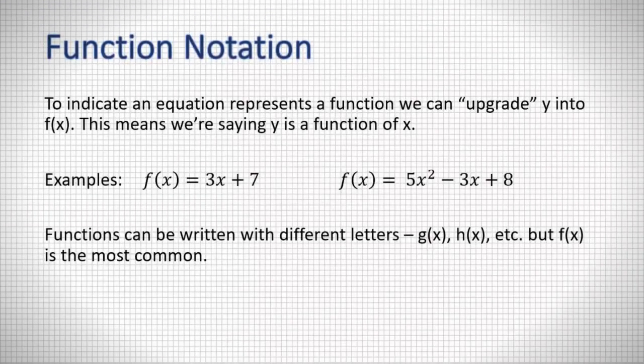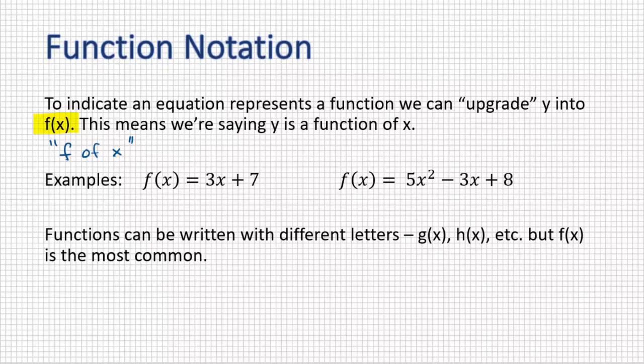We can rewrite it so that the y, the output of the equation, is written in this way. And we pronounce f open brackets x close bracket as f of x. Let me write that down. So this is f of x. What this means is we're varying x and the output is the y.